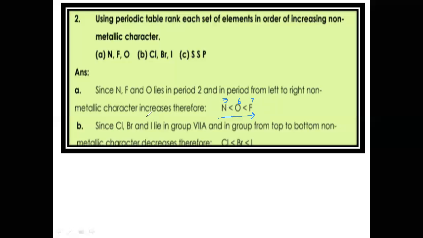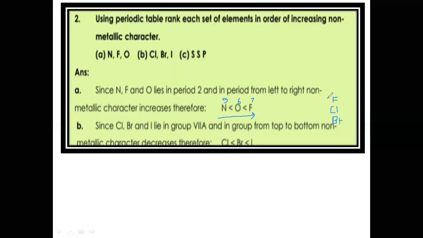In the second case we have chlorine, bromine, and iodine, which belong to the same group, group number 7. The first element in the group is fluorine, then chlorine, then bromine.